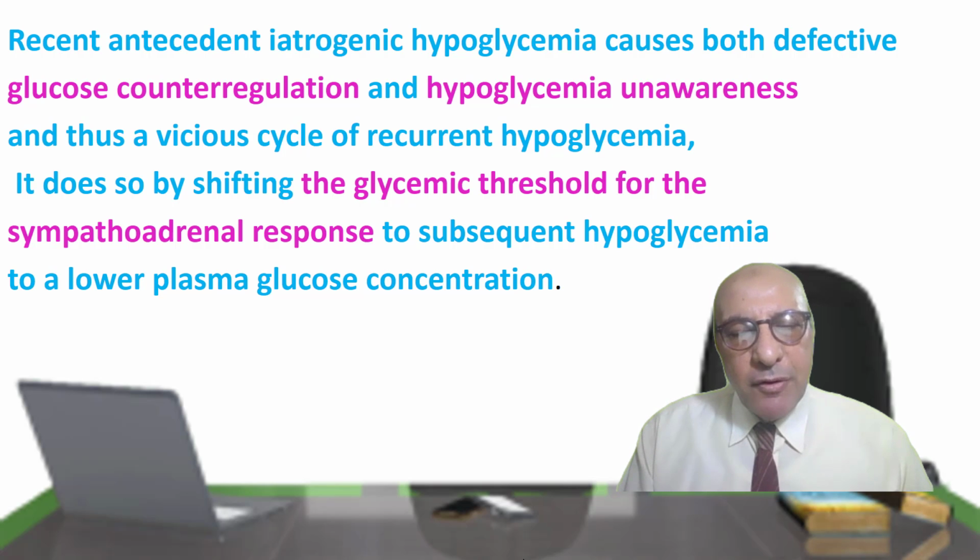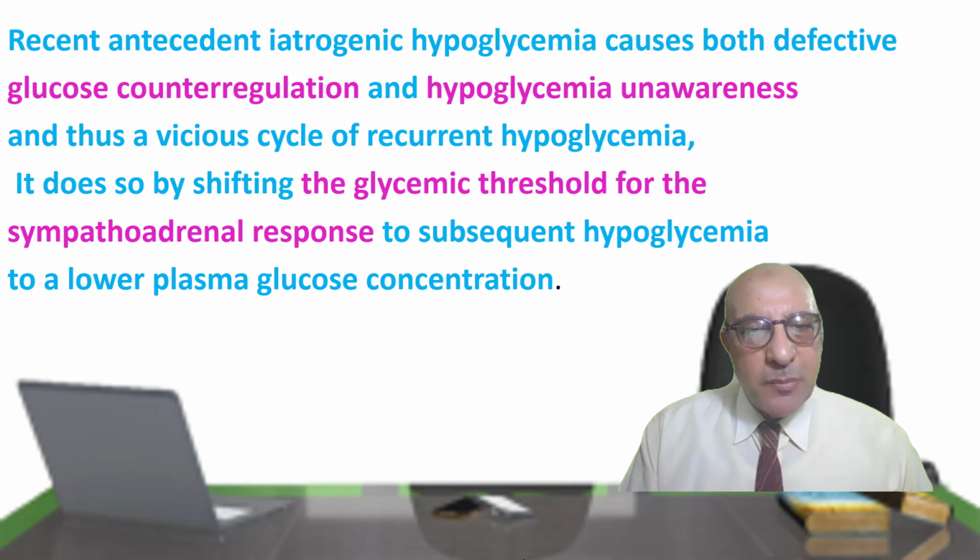Besides being dangerous in itself, these repeated attacks of hypoglycemia will induce more and more failure of awareness of the hypoglycemia symptoms, and the response of the patient will be impaired more. This happens by lowering the glycemic threshold for the sympathoadrenal response. Instead of being stimulated at say 50 or 55 milligram percent, it can only be stimulated at 40 or 35, leaving the patient getting down with lower blood sugar, going into severe hypoglycemia.